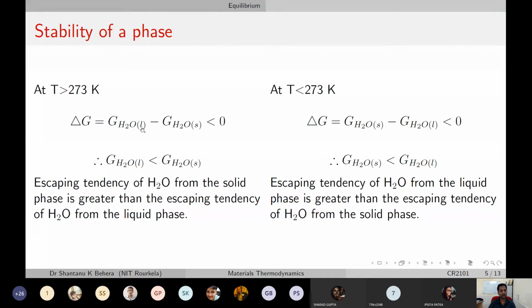That would mean that the molar free energy of water in the liquid state is less than the molar free energy of water in the solid state.